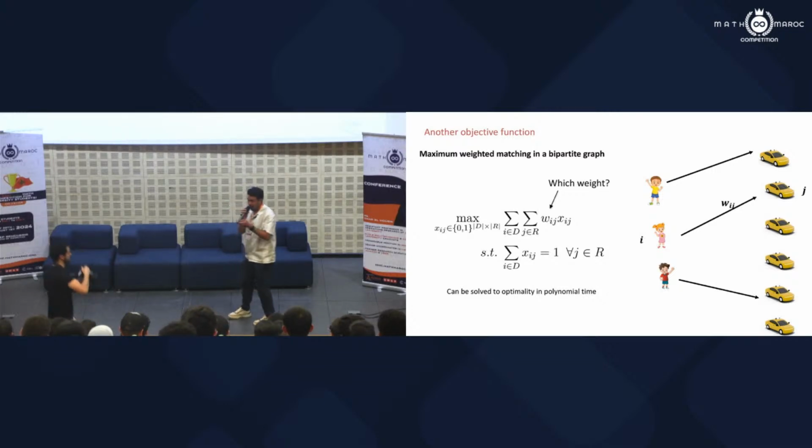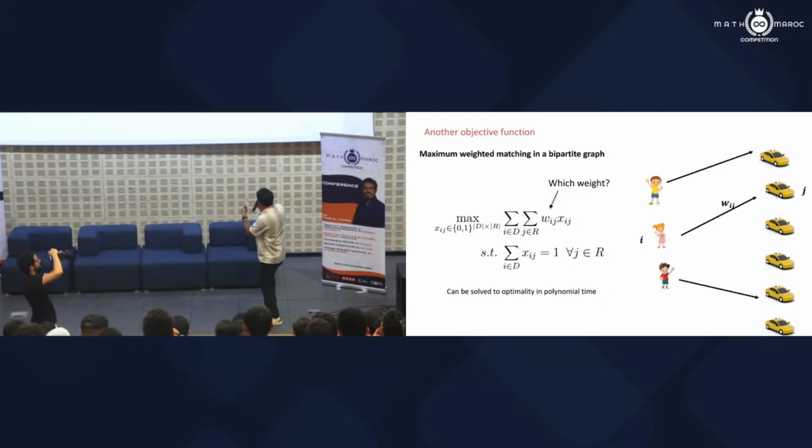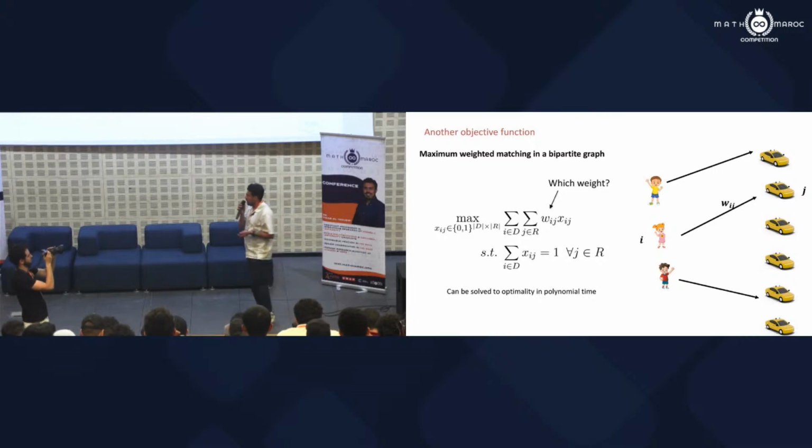So all of that is incorporated in this Wij. So think about Wij as the probability that the matching would happen between I and J. That would also include the cancellation probability, as well as the benefit of the platform from matching I and J. So this is the math problem, and this is the application.